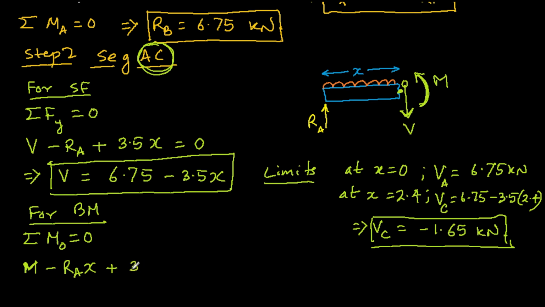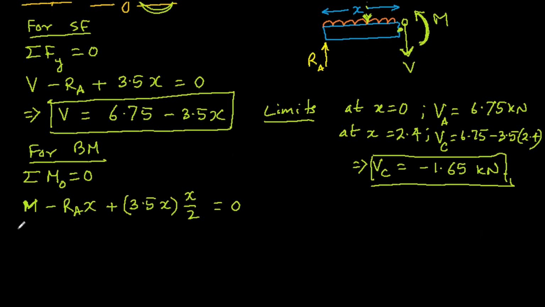It is 3.5 times x is the weight, but it is acting as if it is acting at the center of gravity of that uniform distribution, so that will be x over 2, right? So that should be equal to 0.